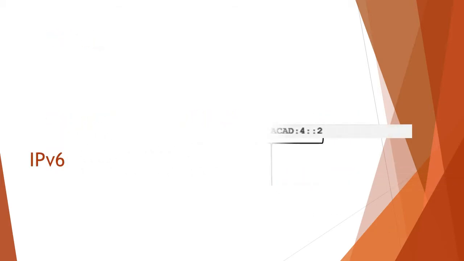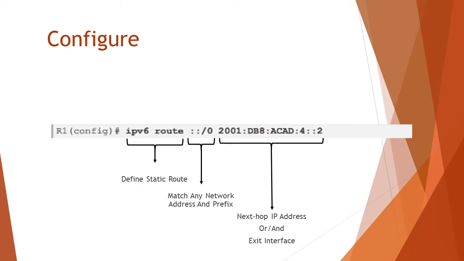IPv6. The basic command syntax to configure the default static route in IPv6 is the one showing on your screen, where ipv6 route defines the static route. The next group matches any network address and prefix, and the last group is for the next hop IP address or an exit interface.